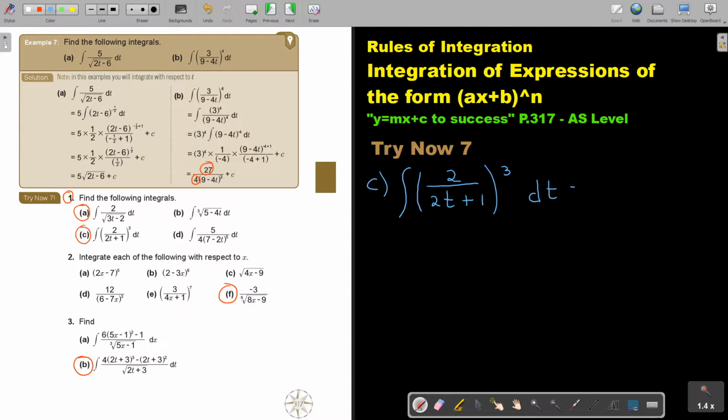Okay, now this step was very important. What I did in this, where I showed you. So take your integral sign, then make it 2 to the power of 3, and the bracket (2t plus 1) to the power of 3, and I'm integrating with respect to t.